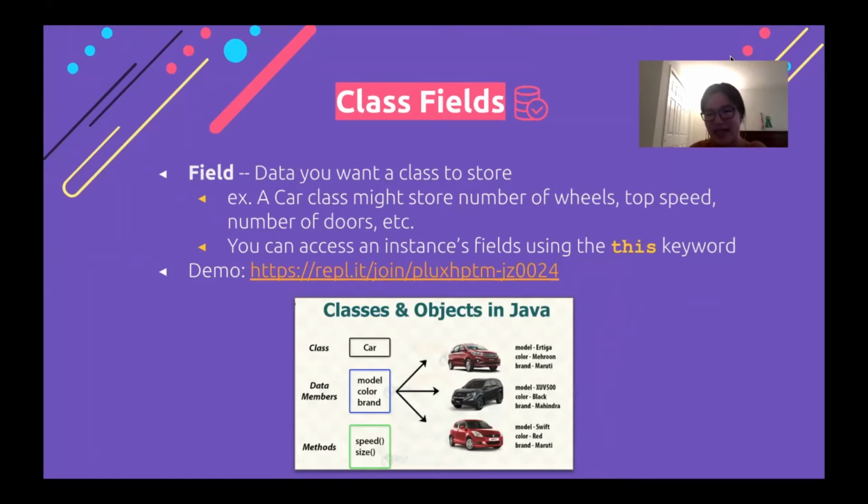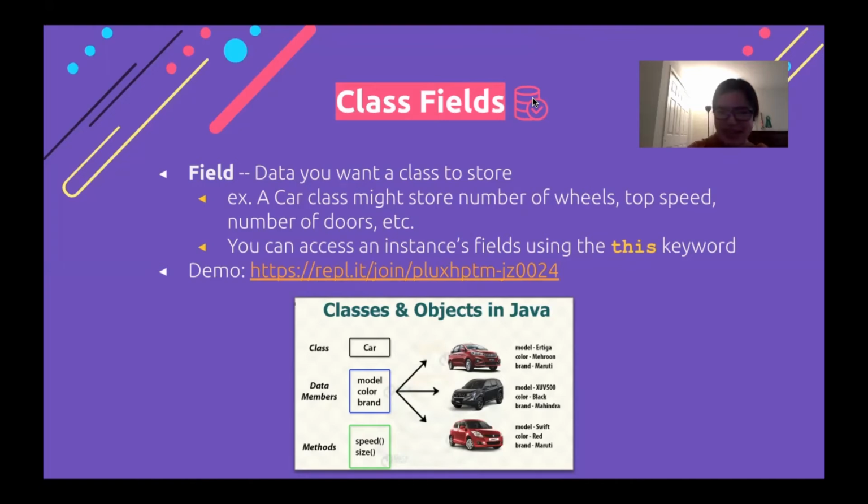And you can access an instance's field through the this keyword. Christian made a good point that you don't have to use this.name or this.age. You don't have to use this to refer to an instance's field. Personally, I would say you should, because it's easier to distinguish what is part of the instance and what isn't.